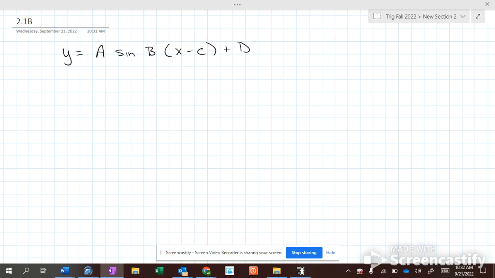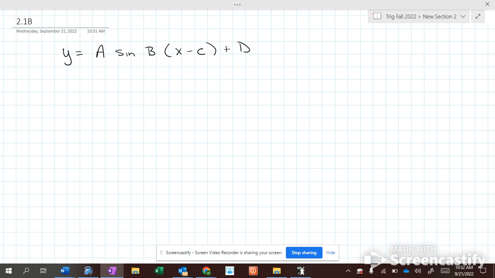If you've taken Algebra 2, you know how to translate graphs a little bit, because you were translating left and right and up and down and shrink and widen and all that stuff.